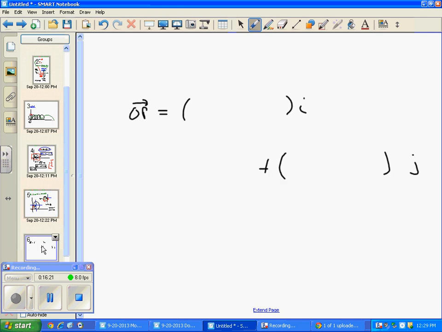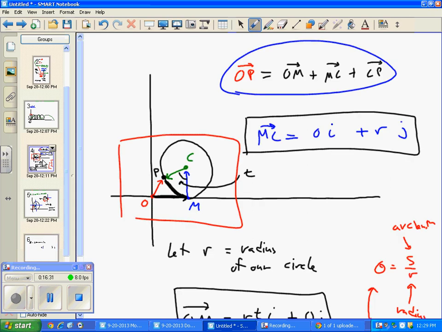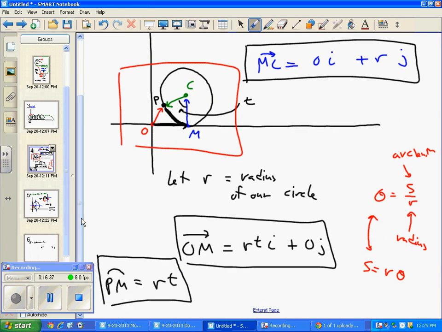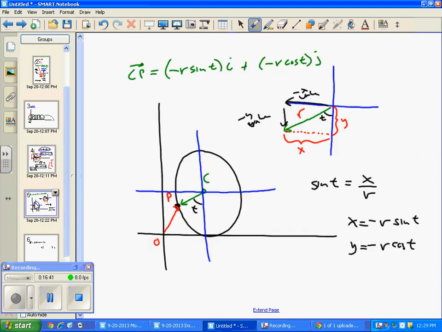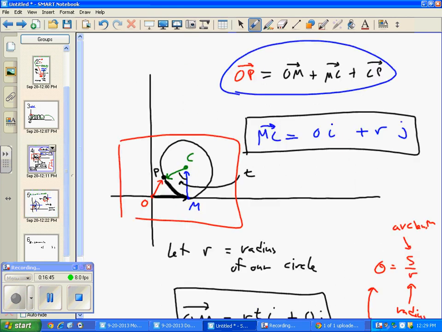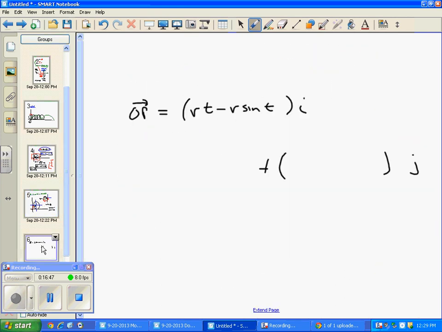So this first component is rt minus r sine t. Okay, good. Let's go for our y component. MC contributes r to the y component. Vector OM doesn't contribute anything. And then this vector, negative r cosine t, gets contributed. So r minus r cosine t.